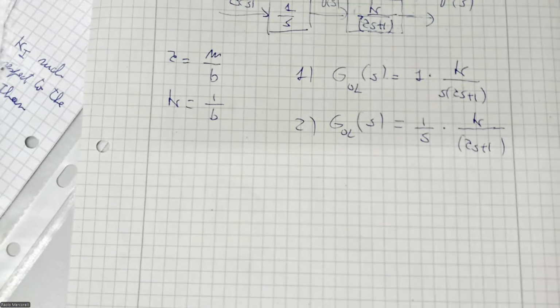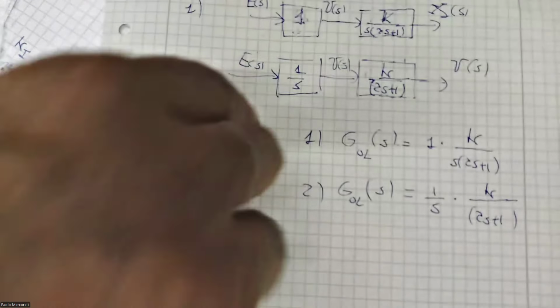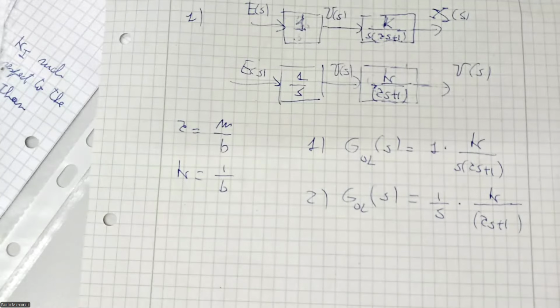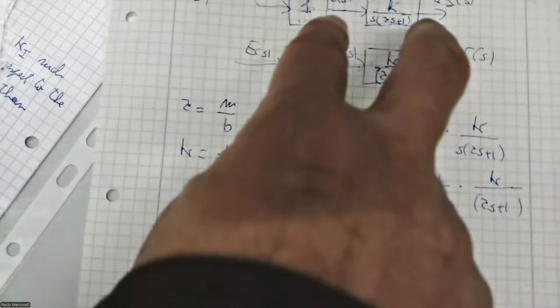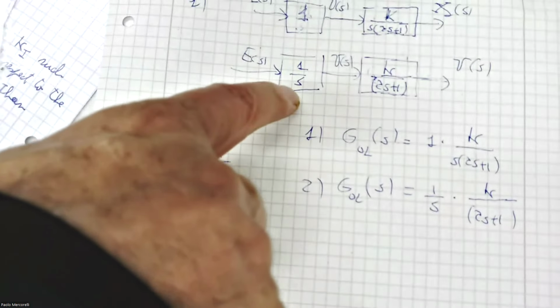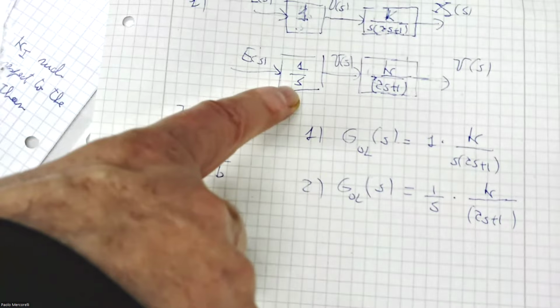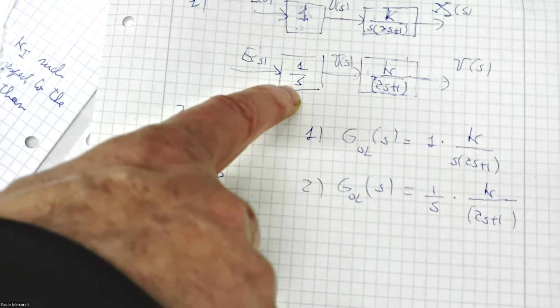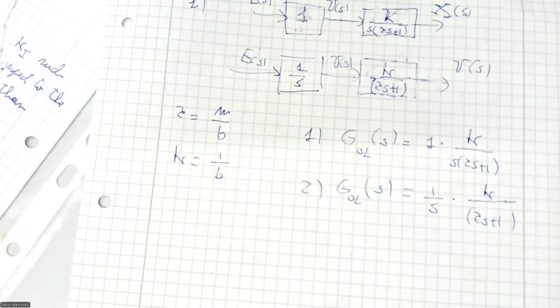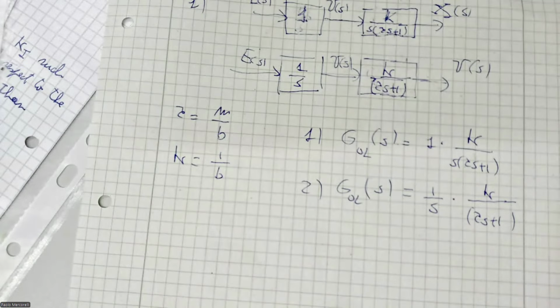With the same specification and the same GOL, we have the same GC of S. Now we can see that just with 1 divided by S, we have the same GOL. It's a little bit abstract, no?